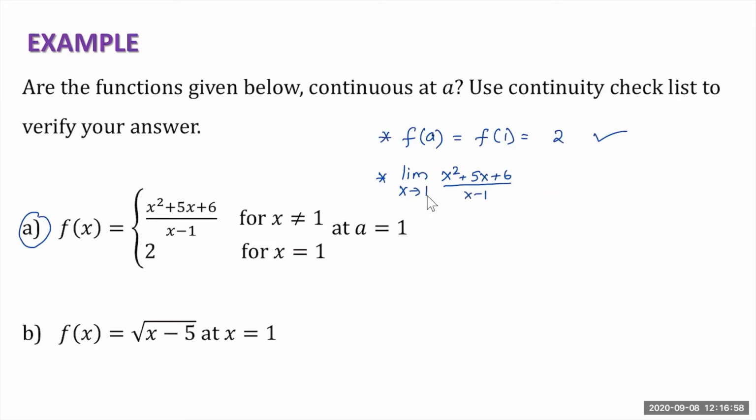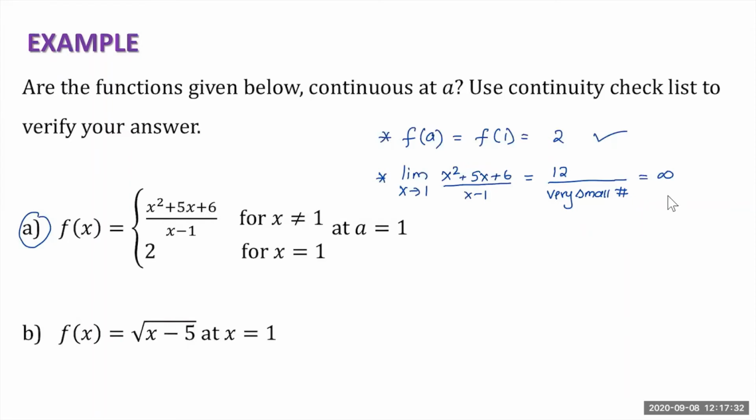And when x gets closer and closer to 1, the denominator gets closer and closer to 0, meaning it is very small. When you divide a finite number, 12, by a very small number, this is going to be infinity. So that is your limit.